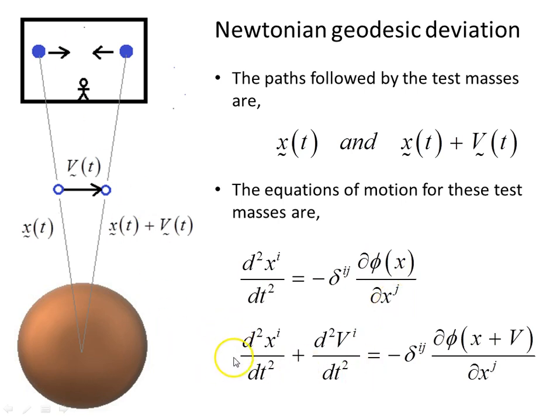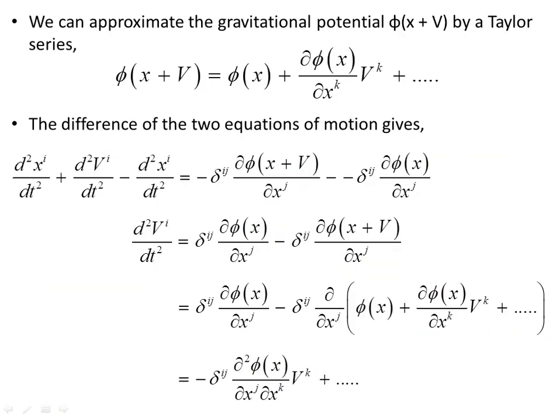For the second particle, its equation of motion is this. Next, we can approximate the Newtonian gravitational potential phi at x plus v by a Taylor series. So phi at x plus v is phi of x plus d phi dx k times v k plus higher order terms.